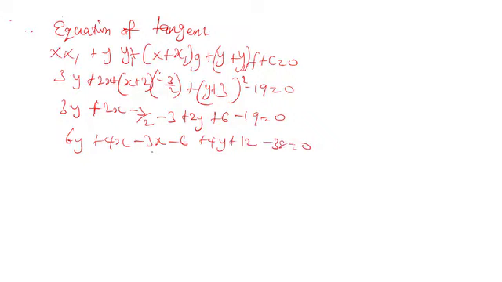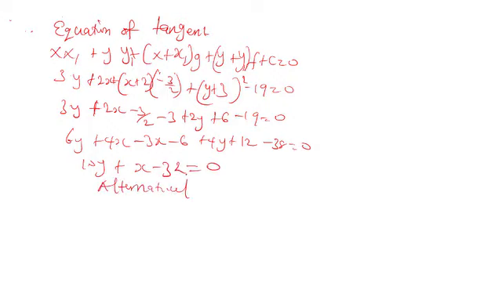So by this we have 10y plus x minus 32 equals 0.